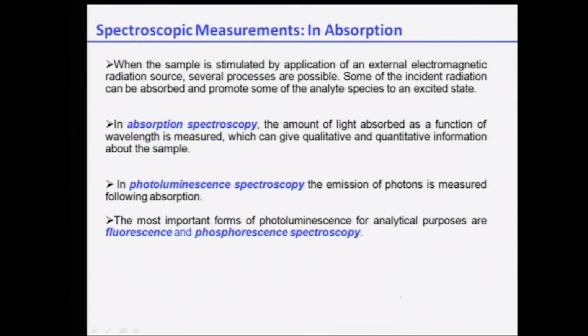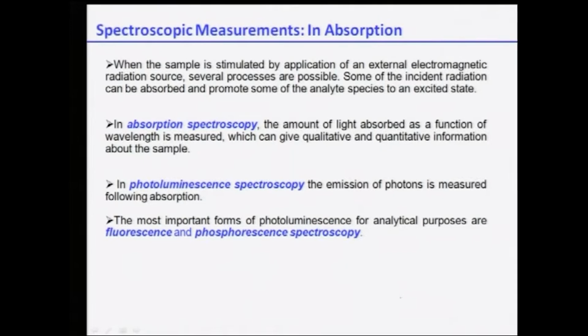Now, we can actually have something like absorption instead of emission. When a sample is stimulated by application of an external electromagnetic source, several processes are obviously possible, and some of the incident radiation can be absorbed, and then this absorbed radiation can promote the species to go to the excited states.